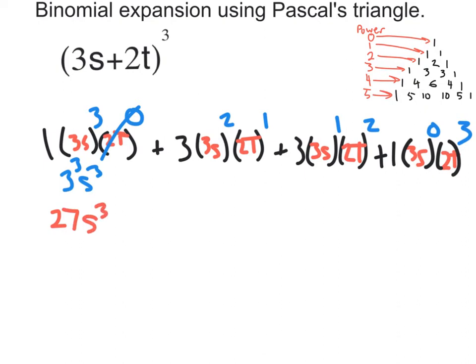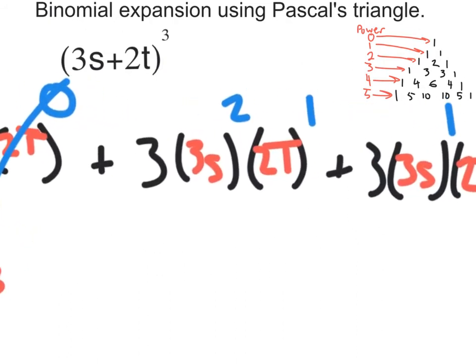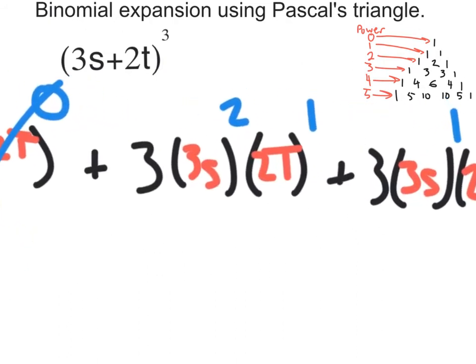Now the second part of my answer. If I focus in on the second part here, I'm going to have to distribute the power of 2 to get 3 squared s squared, bring down the 3 that's in front, and the times 2t that's at the back, because 2t to the 1 is still 2t.